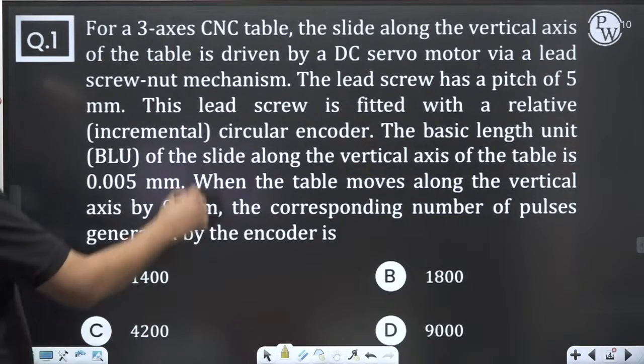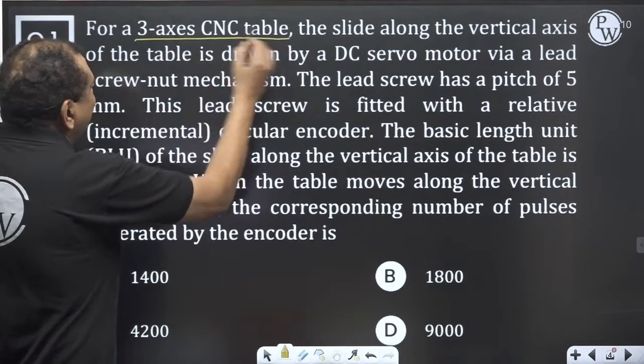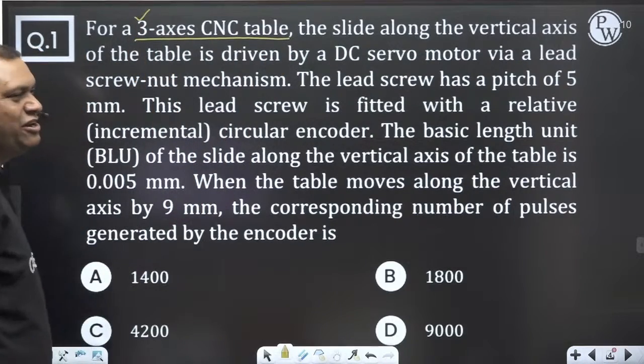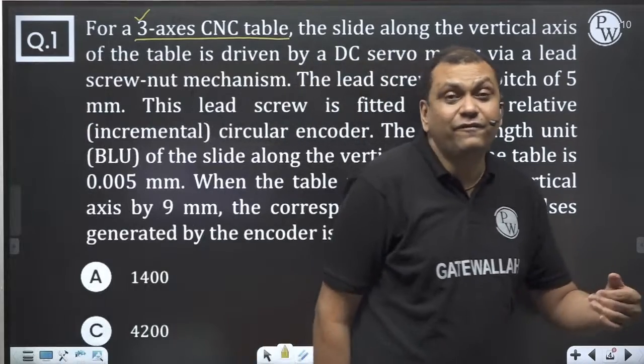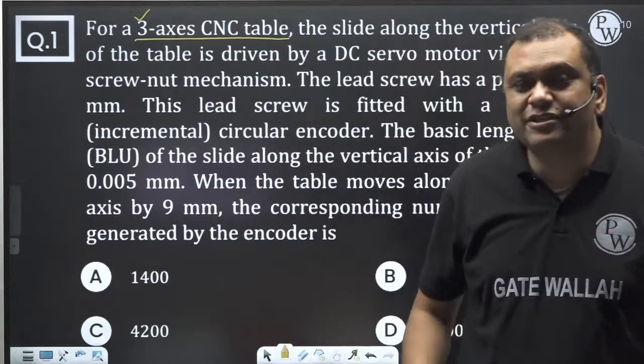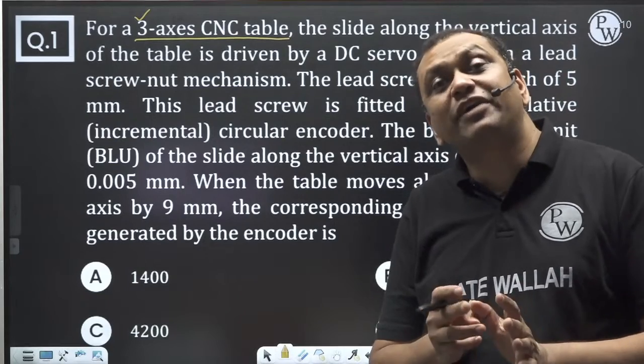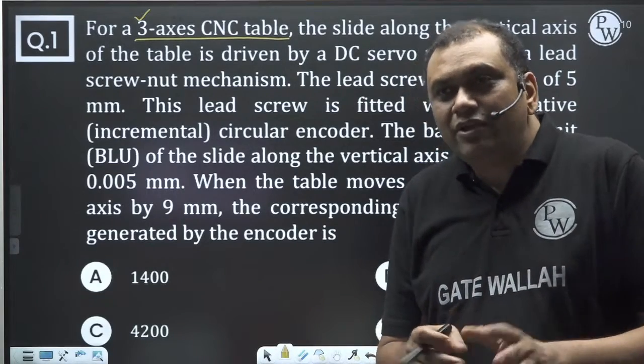For a 3-axis CNC table, what is the meaning of axis? We say 2.5-axis machine, 3-axis machine, 5-axis machine. Do you know the meaning of that?